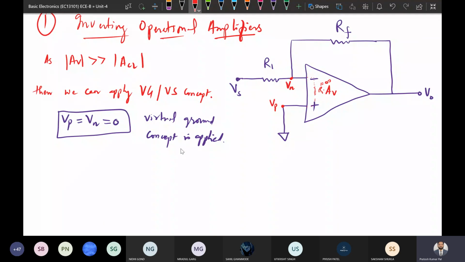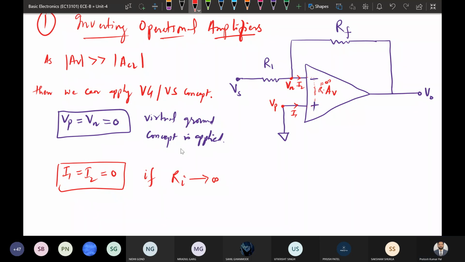So whatever current is flowing, suppose this is the current I2 and this is the current I1. If it is an open circuit, there will be no current flowing through it. So another point we can assume is that I1 will be equal to I2 and it is equal to 0 if R input is equal to infinity. If this is the condition, these two points we can conclude.